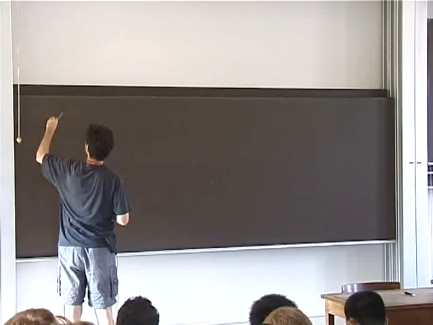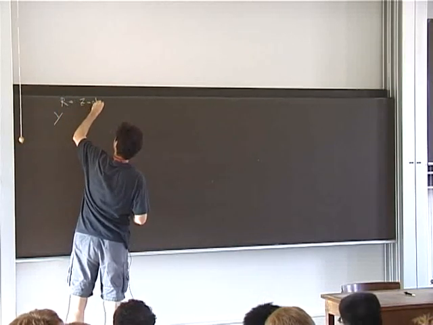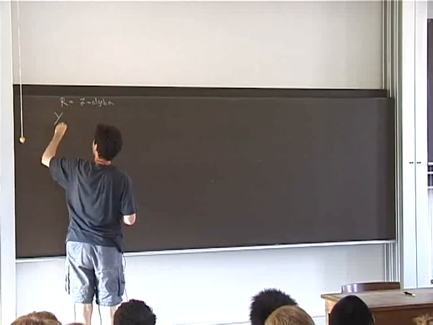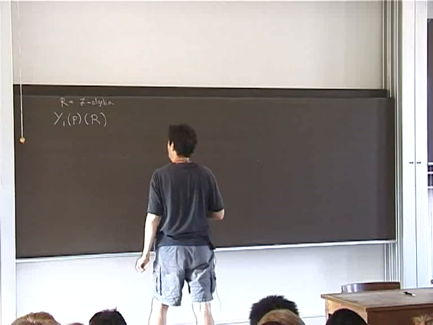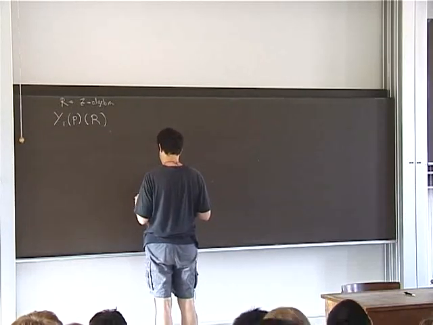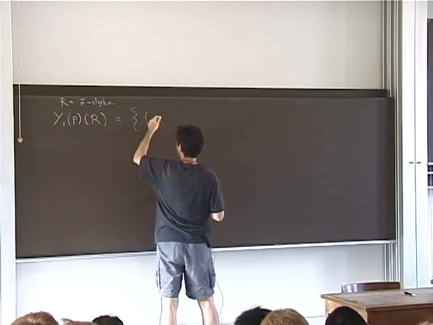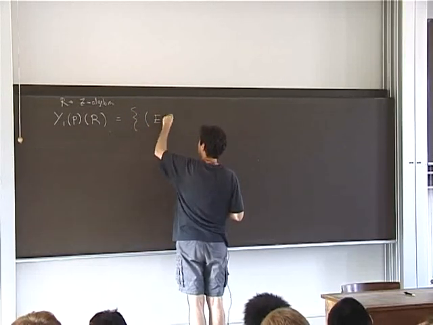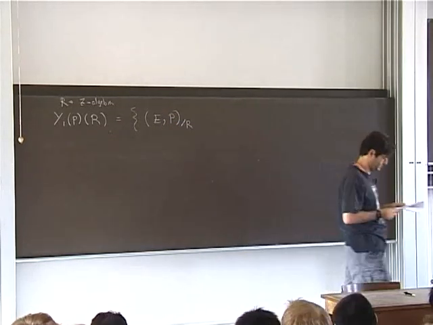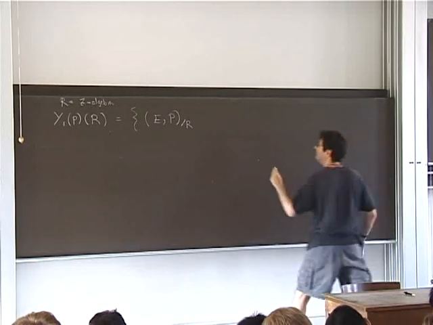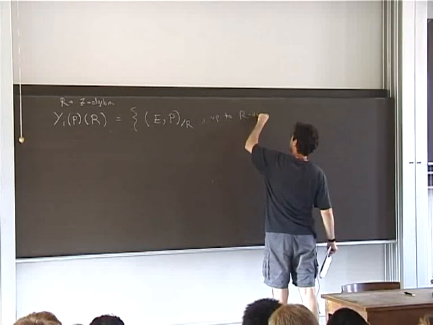So what this means is that if I let R be any Z-algebra, then the points on Y_1(p) with values in R is identified with the set of pairs up to isomorphism, so the set of isomorphism classes of such pairs over the ring R. So this is up to isomorphism over the base.